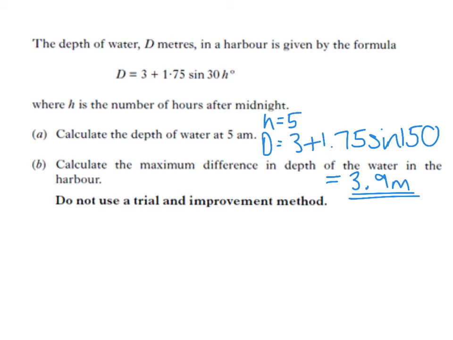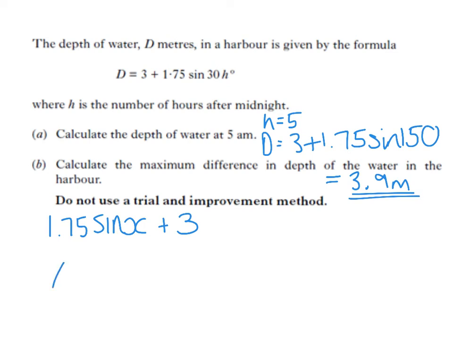The maximum difference in the depth of the water in the harbour, and it says don't use trial and improvement, so this isn't asking you for the depth at a certain time or anything like that, just the maximum difference. So this is going to ask you to look at your graph again. You've really got a 1.75 sine graph that has been moved up 3. The 30h bit doesn't really matter, so I've just rewritten my equation there.